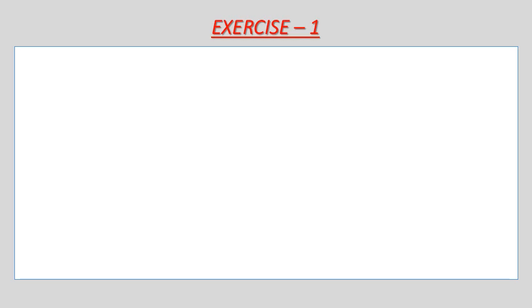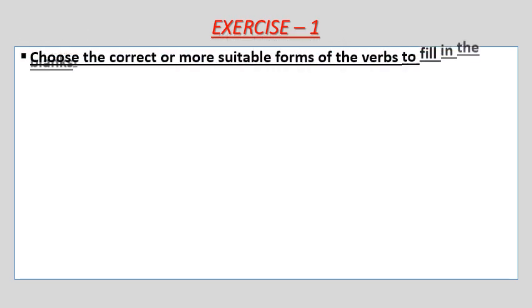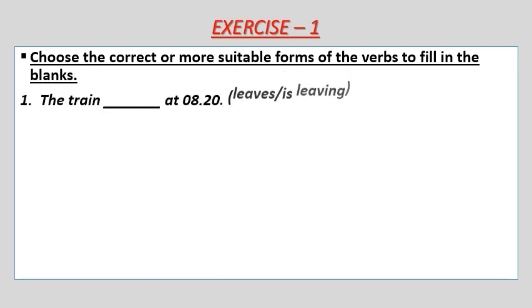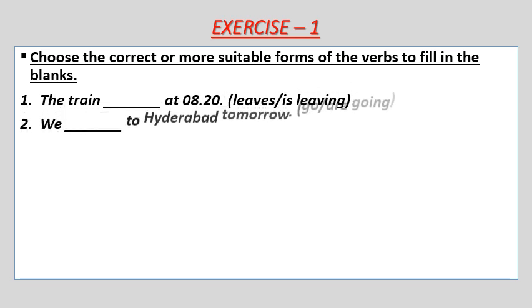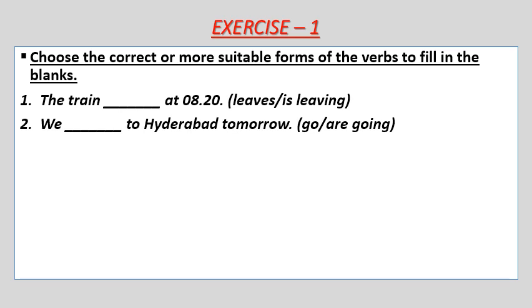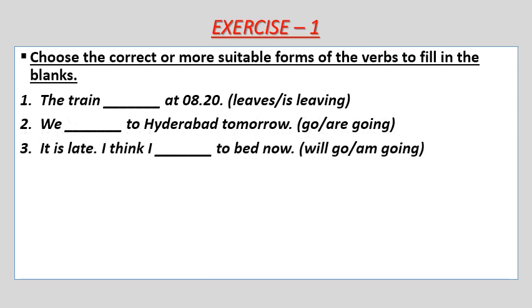Exercise number 1. Choose the correct or more suitable forms of the verbs to fill in the blanks. Number 1. The train (blank) at 8:20. Number 2. We (blank) to Hyderabad tomorrow. Number 3. It is late. I think I (blank) to bed now.